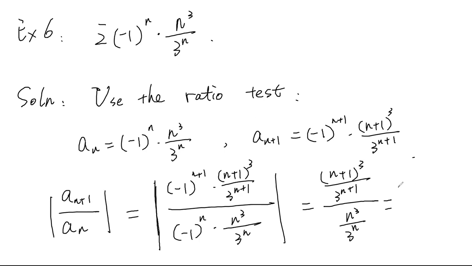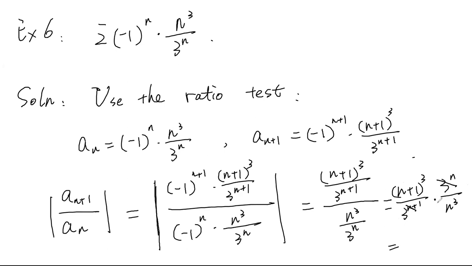And this is equal to (n plus 1) cubed divided by 3 to the n plus 1, times 3 to the n divided by n cubed. And we can do some simplification here. The 3 to the n power cancels with the 3 to the n plus 1 power in the denominator, and you get a 3.